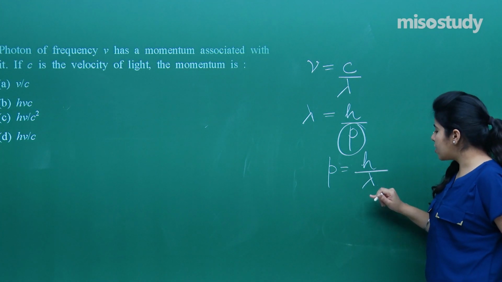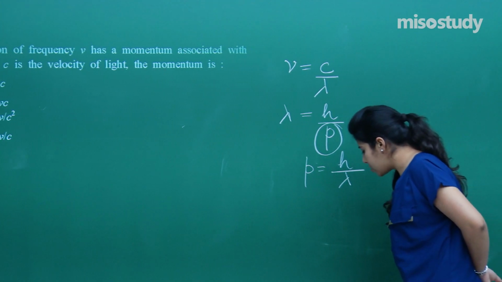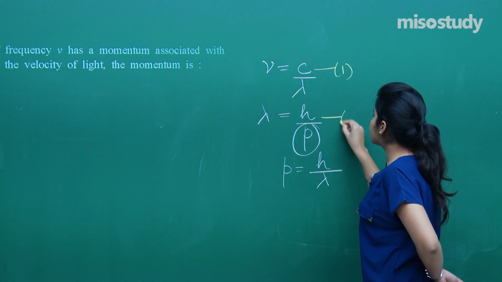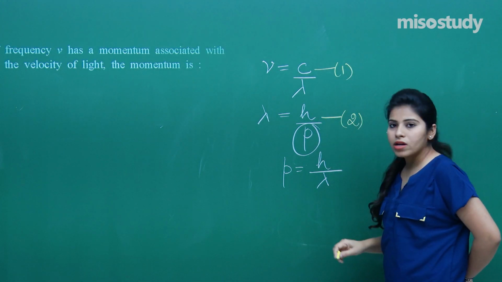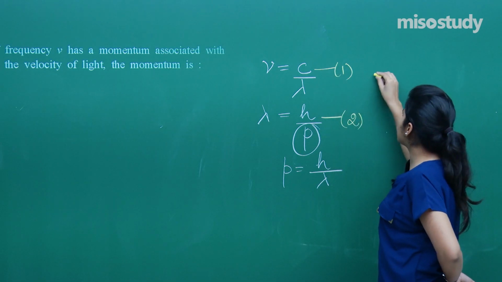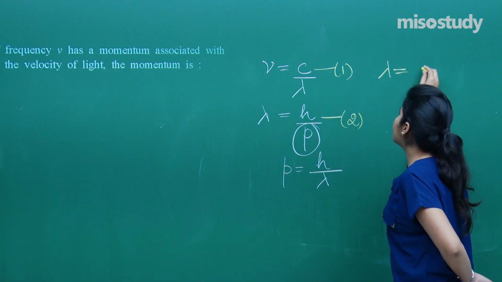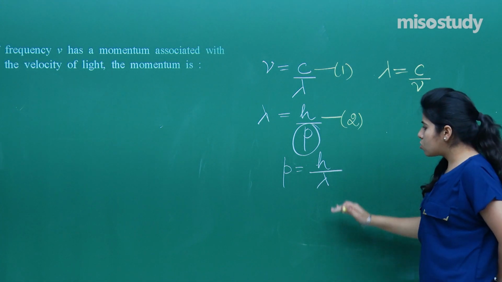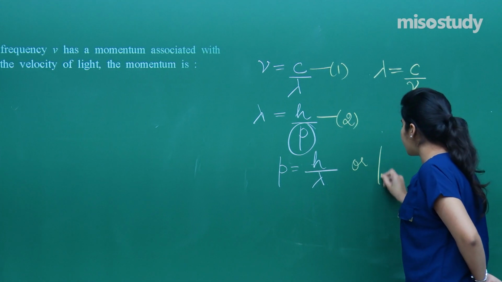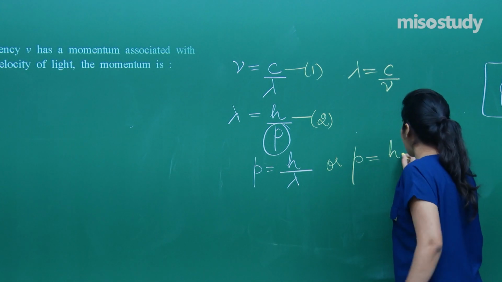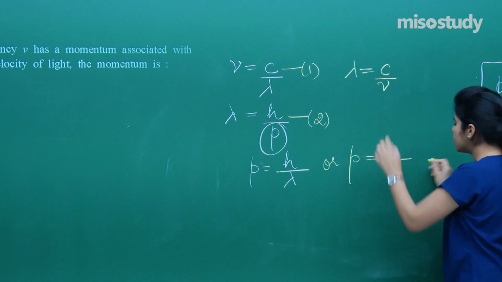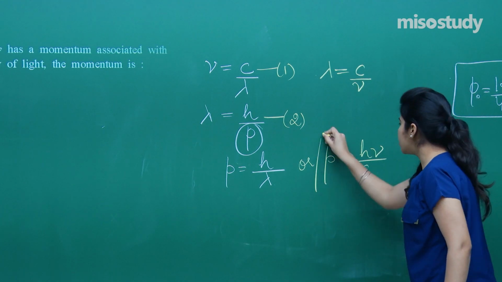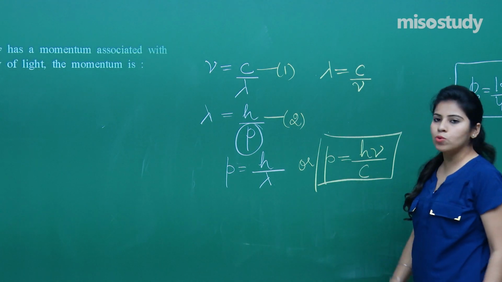Suppose this was equation number 1 and this is equation number 2. Find lambda from this equation. My lambda would be c by nu. So I put this value in p equals h by lambda, and lambda is c by nu. So your answer is p equals h nu by c.